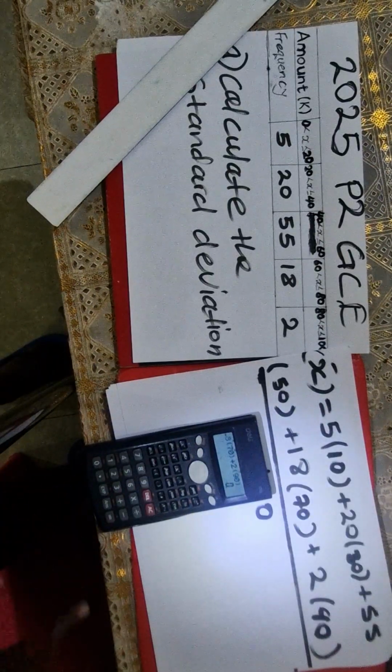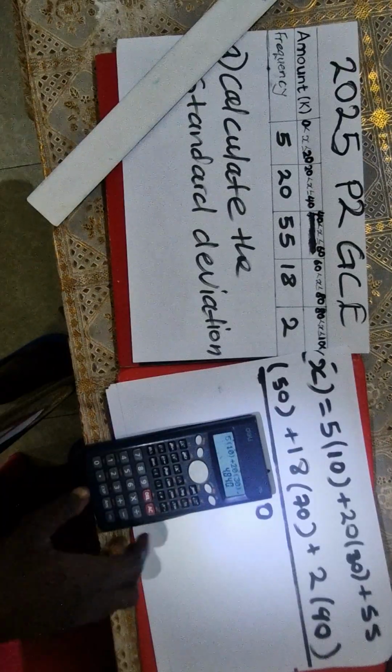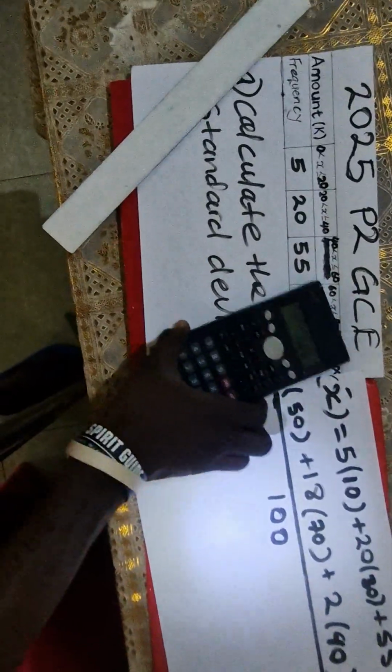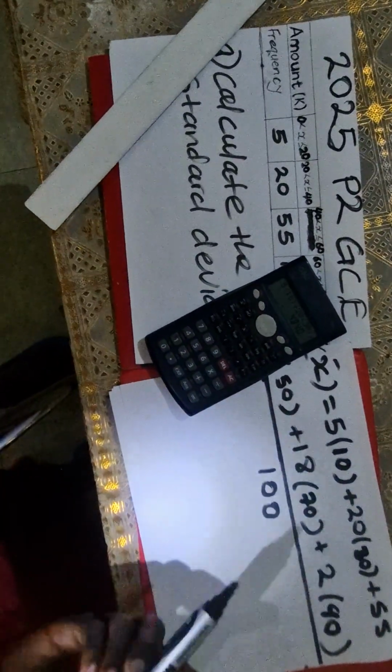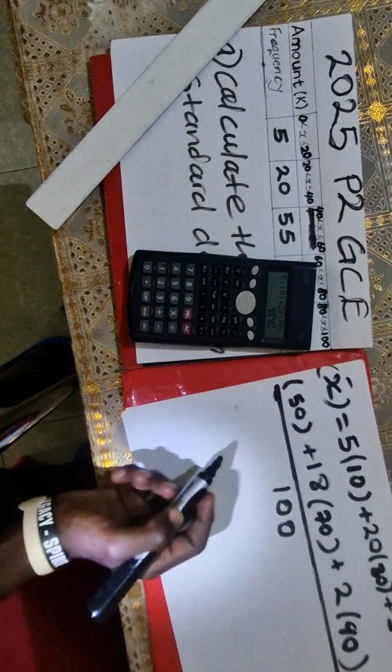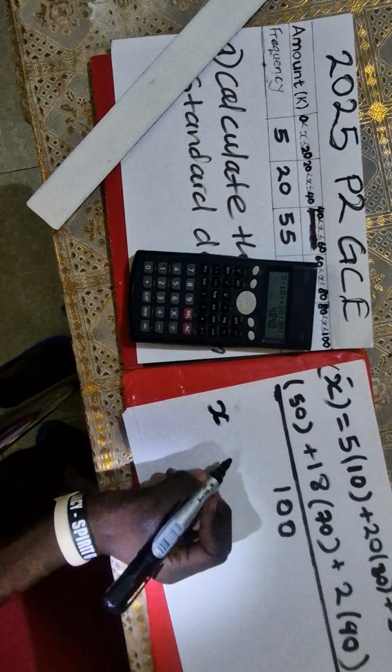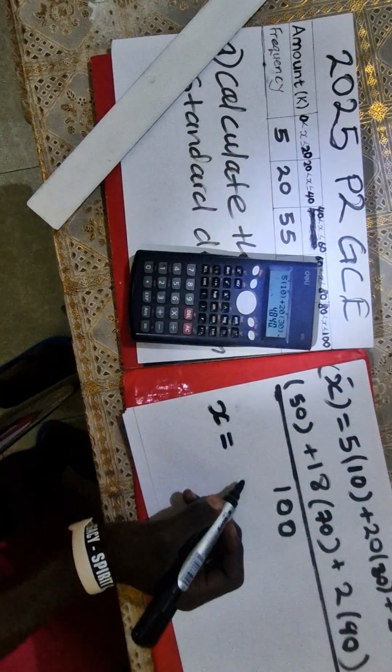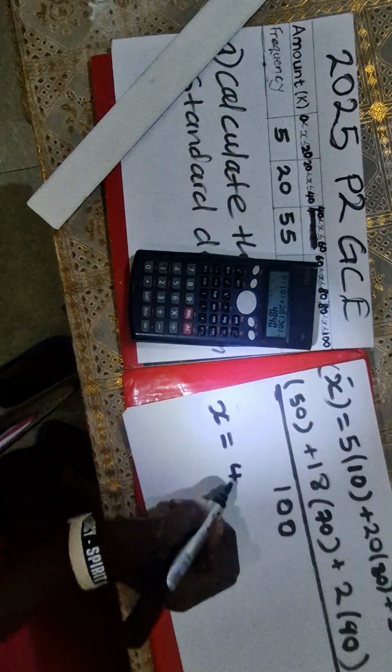When you add these numbers together and punch, it's giving me 4,840. So I'm going to put here x is equal to 4,840.